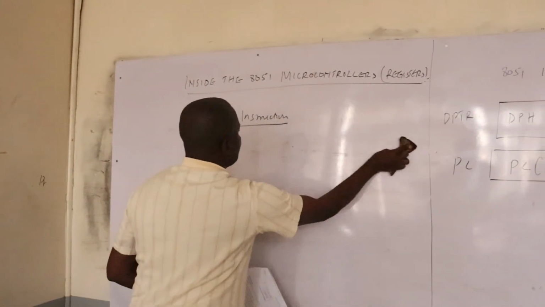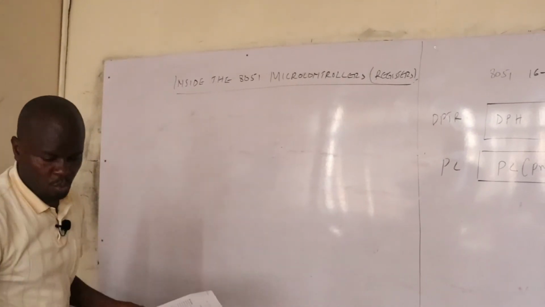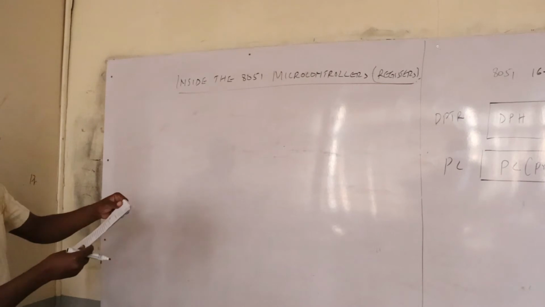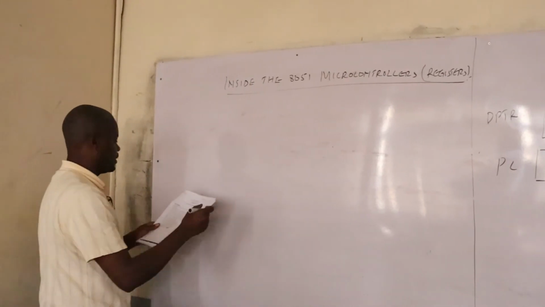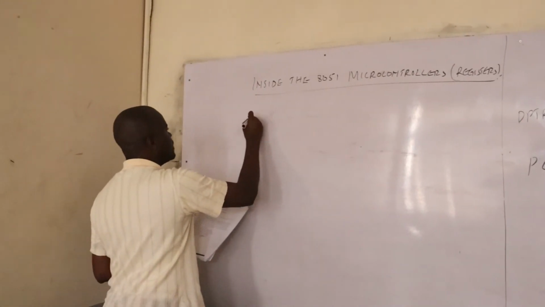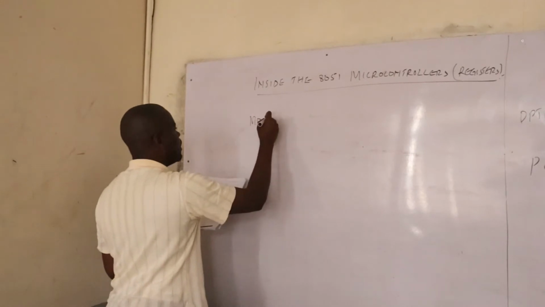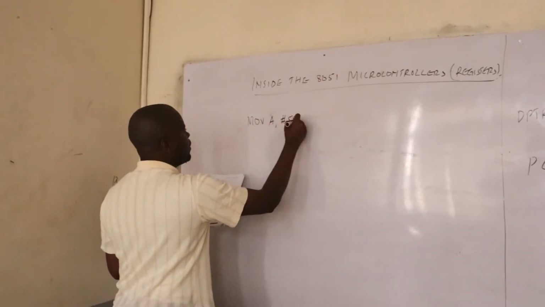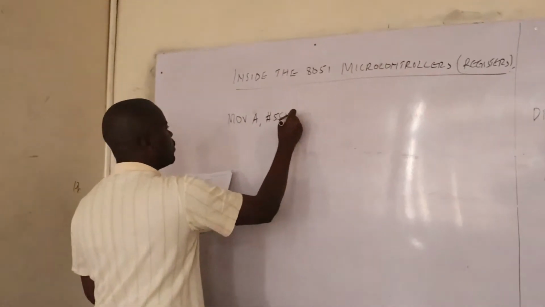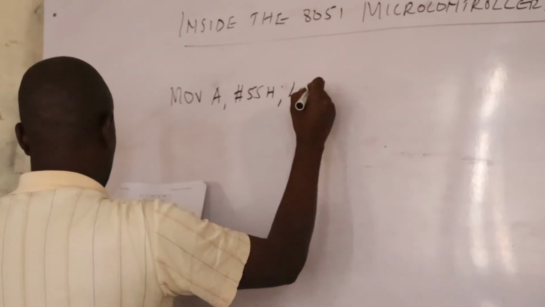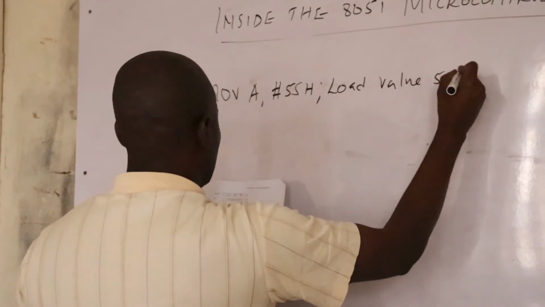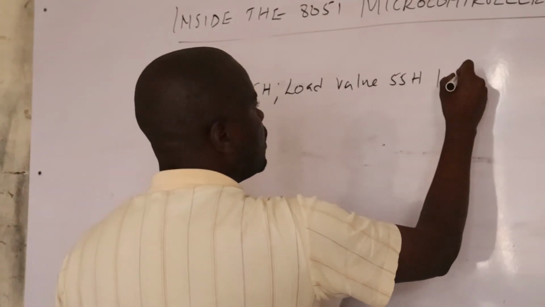The program is: MOV A, #55H. That means you load the value 55H into register A.